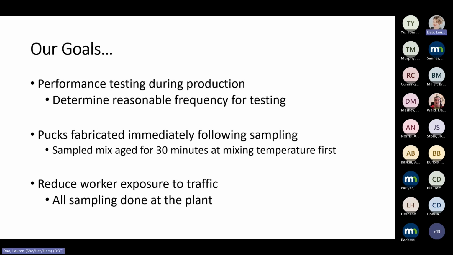So we determined that we're sampling them and then allowing the mix to age just for a short amount of time, 30 minutes, to allow the reactants to take effect, such as the warm mix additives. Otherwise, we found that could create some false rutting test.